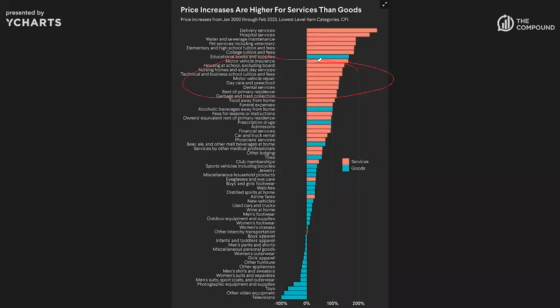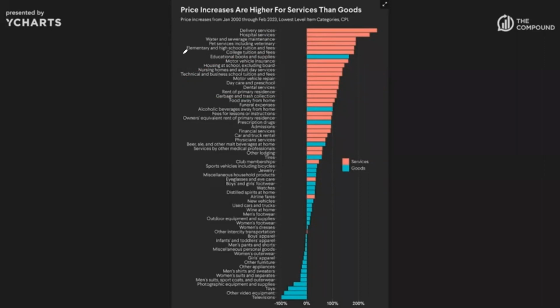And I think that a big reason for this is because technology is really helping bring the cost of goods down, right? With the advances in technology that we have, but a lot of these services still require humans.